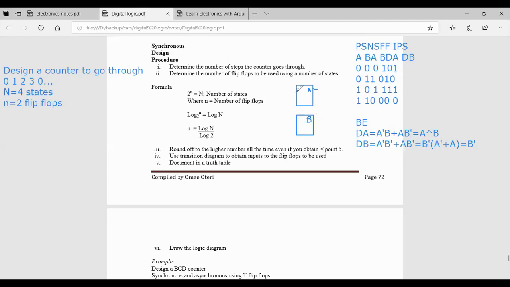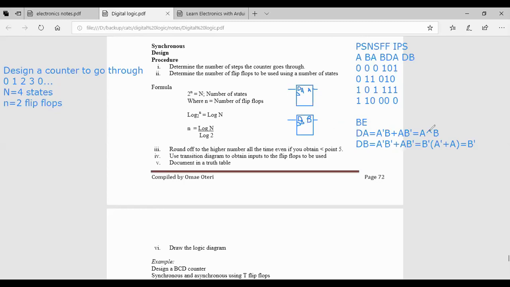So the clock is here, and the clock is here for this one. And then this is your DA. This is your DB. So we have an input here, and we have an input here.